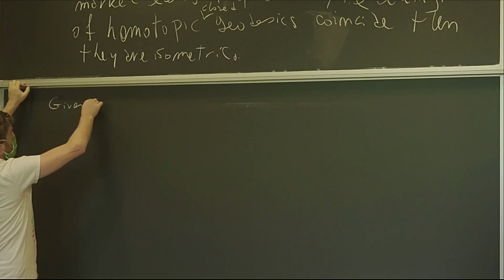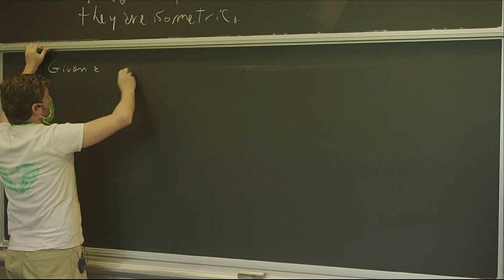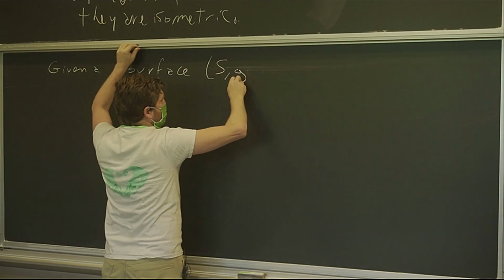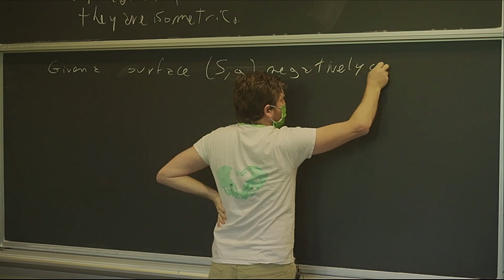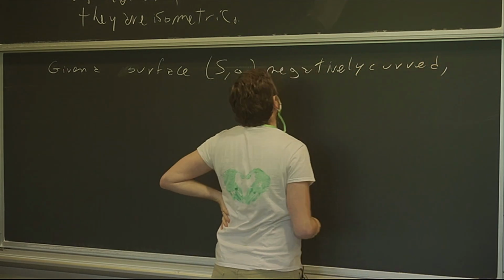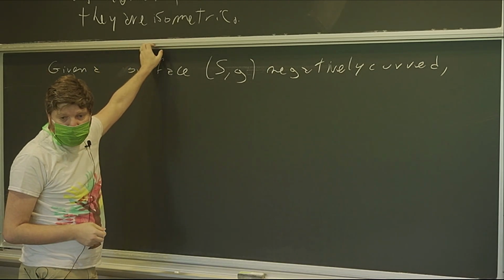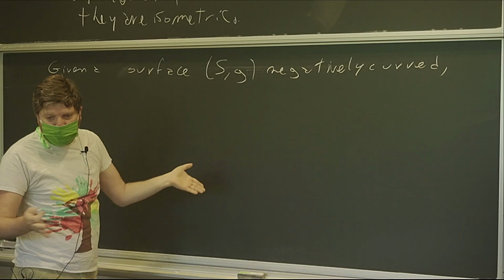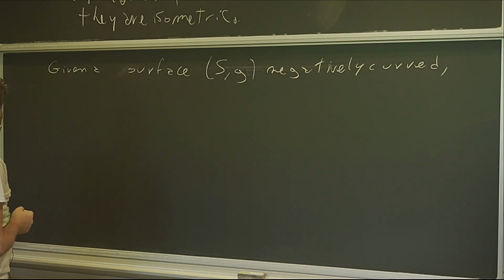Given a Riemannian surface (S, g) negatively curved, I didn't say it in the formulation of the theorem, but you want them to be homeomorphic surfaces so that they have the same pi1. So I can talk about corresponding geodesics. If not, it doesn't make sense.